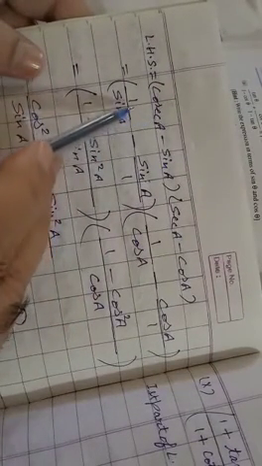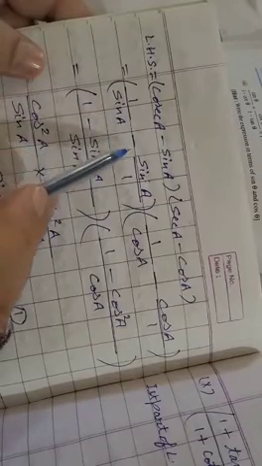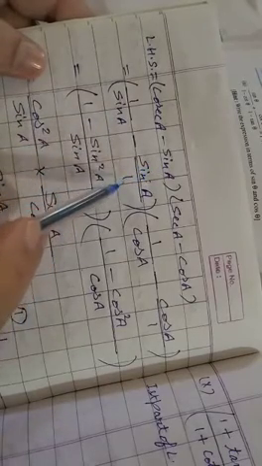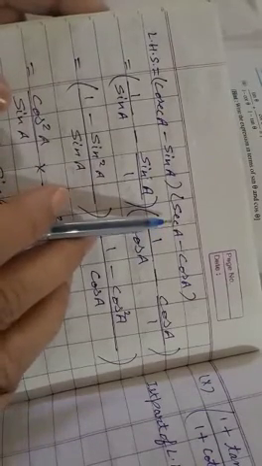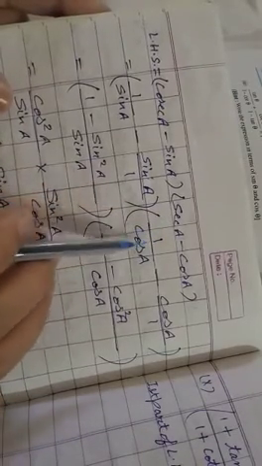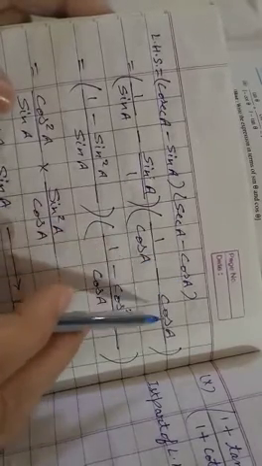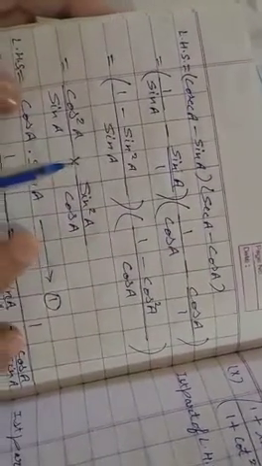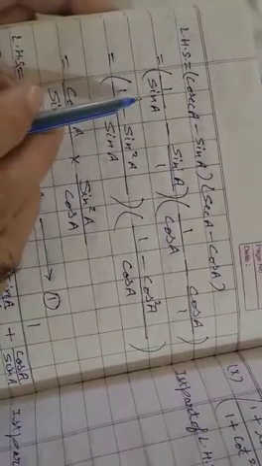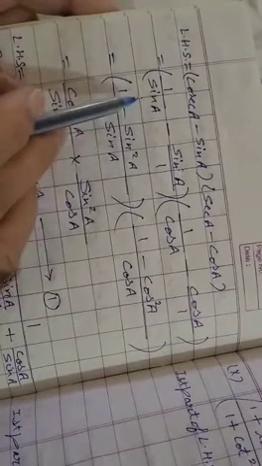Formula of cosec A is 1 upon sin A, minus sin A upon 1. Bracket close. Next bracket, formula of sec A is 1 upon cos A, minus cos A upon 1. Now take LCM.